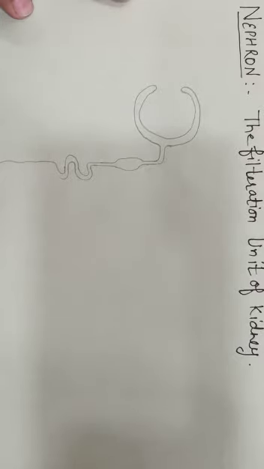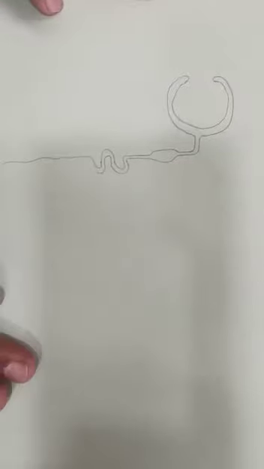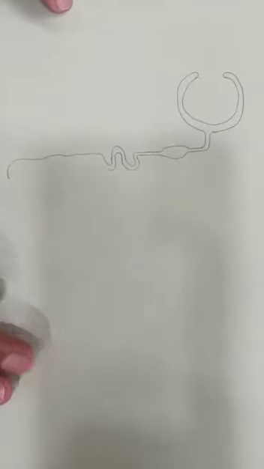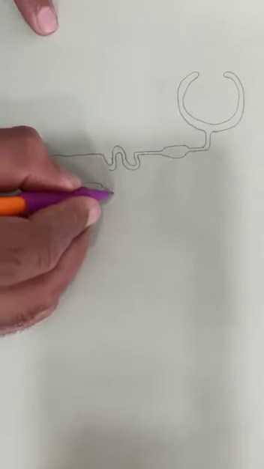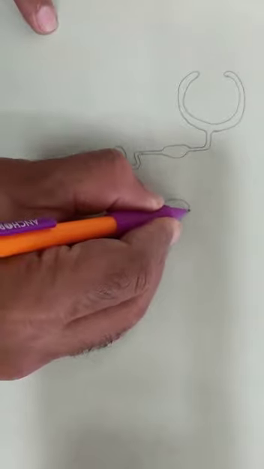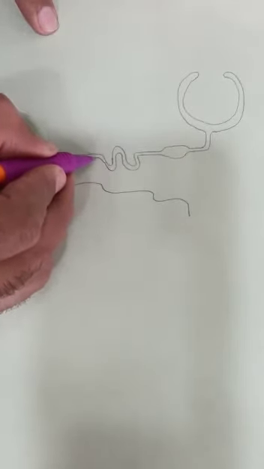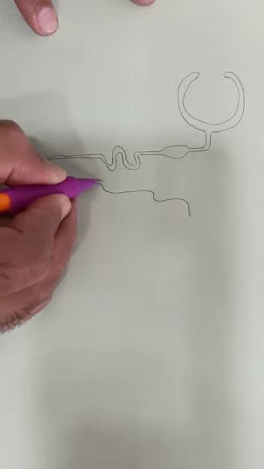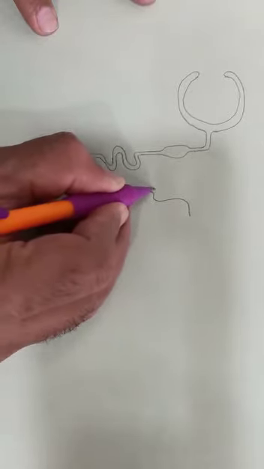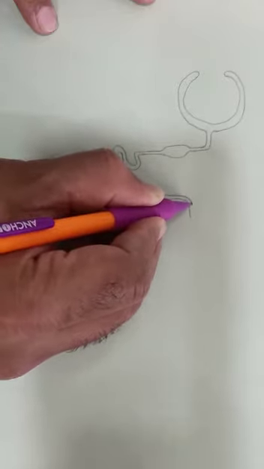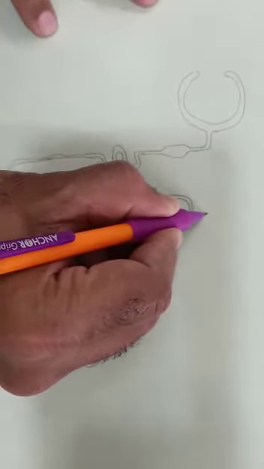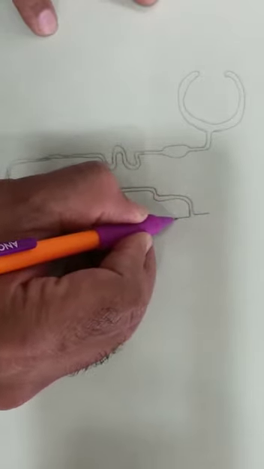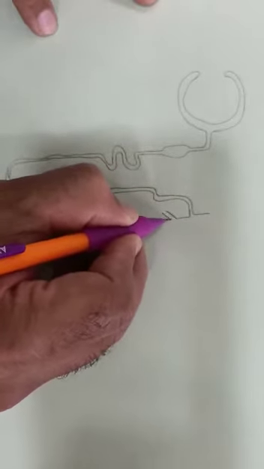Now a U-shaped structure, this U-shaped structure is called Henle's loop, which will end at the terminal position of common collecting duct.